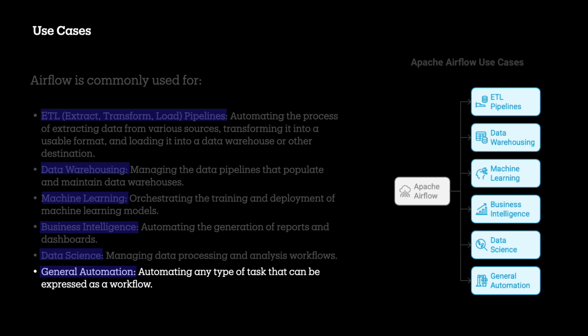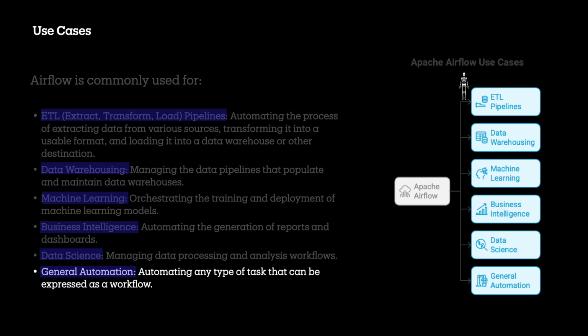So ETL pipelines. What is ETL pipeline? Extract, transform, load as part of data pipelines, automating the process of extracting the data from various sources. Like normally in our data engineering projects, we will be having different sources.